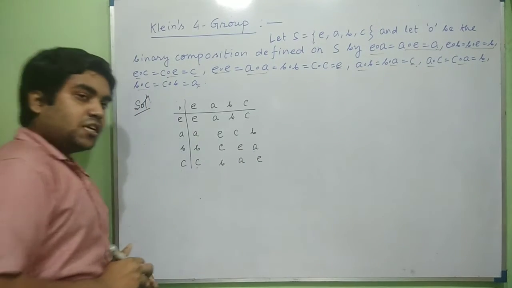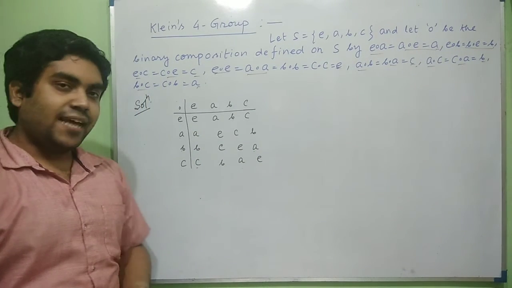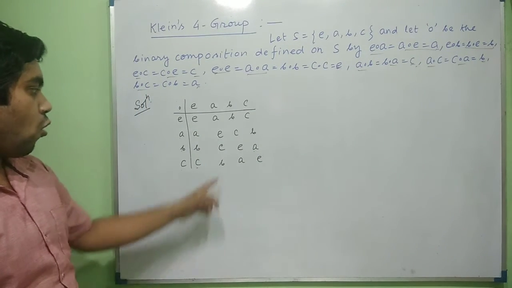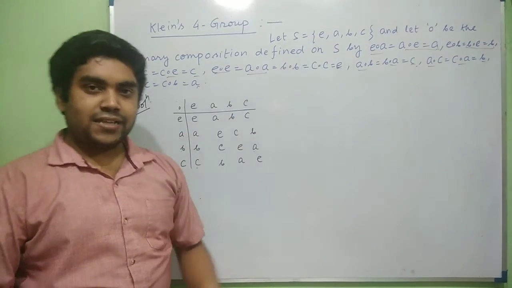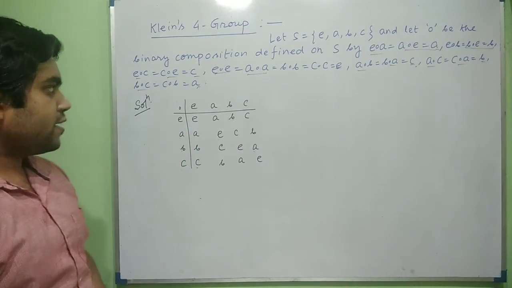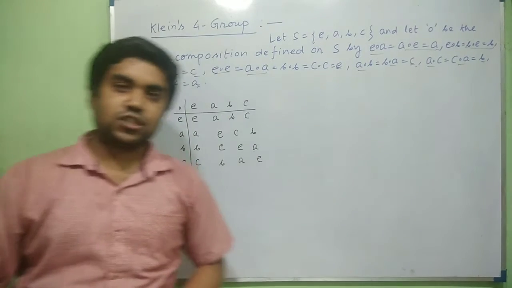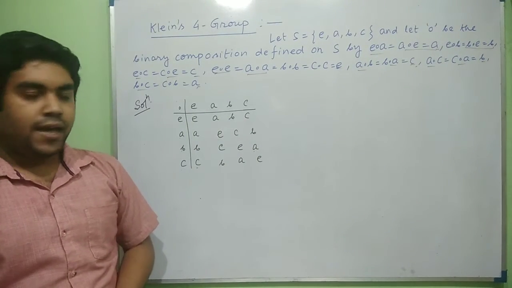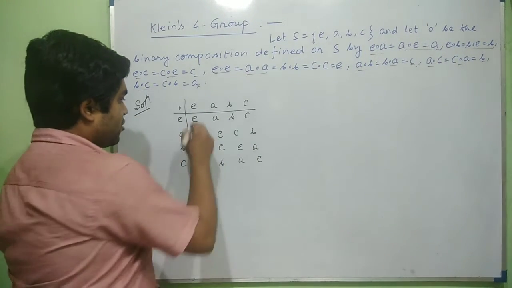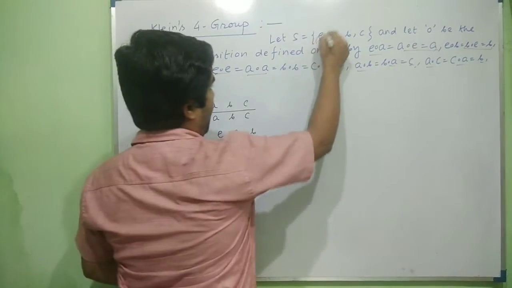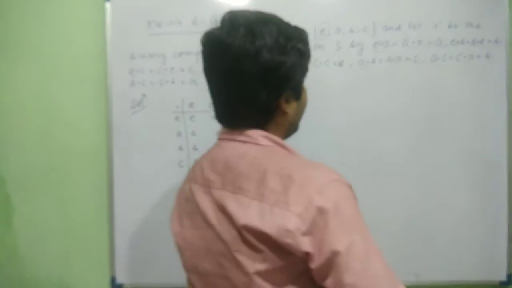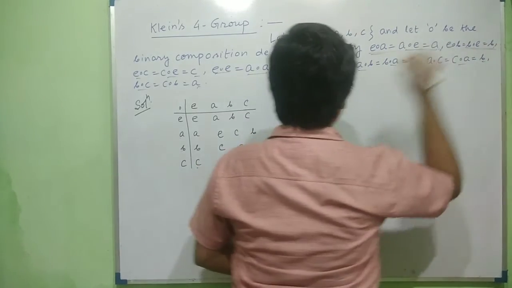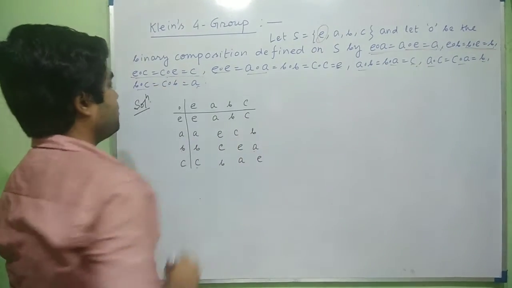This is our composition table, and from the table we can see that the closure property holds because all the composed elements are in the set S. So the closure property holds, and associativity holds due to the definition of the binary composition, and e is the identity element of the set S due to the definition of the element e.